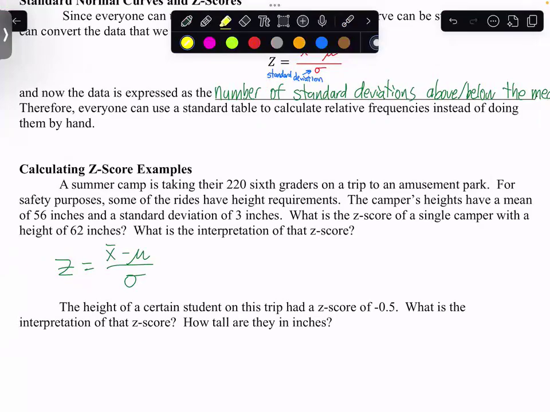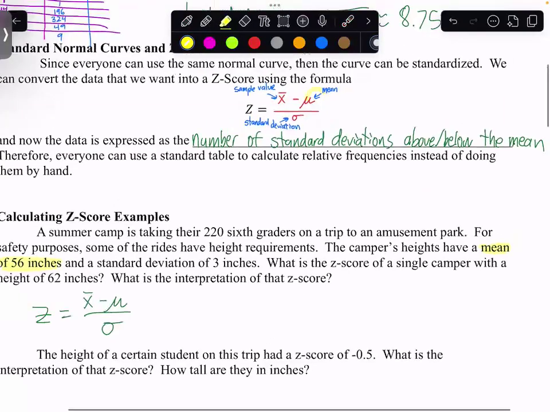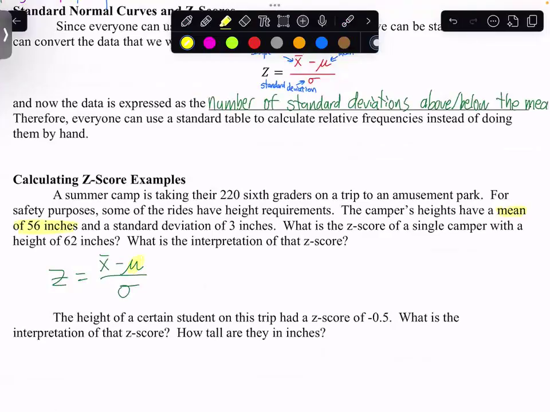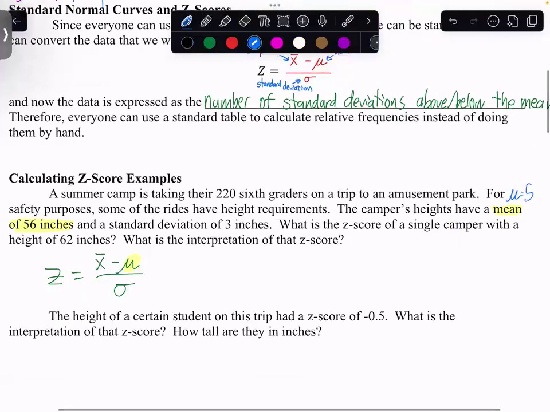Okay, so the campers' heights have a mean of 56 inches. Remember the mean is mu, the cursive U looking thing. So for this problem, mu equals 56 from the yellow highlighted part.